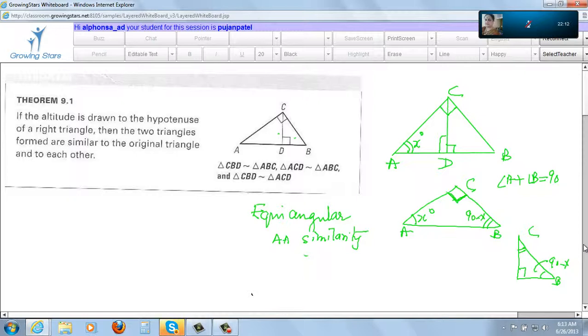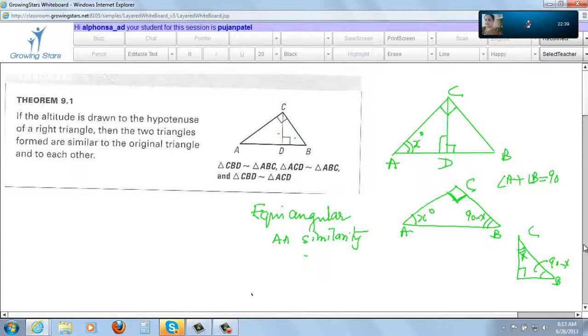It's not 45; we have this as 90 minus x. Again, the sum of these two should be 90, so if one is 90 minus x, the other should be x. So here this is x.